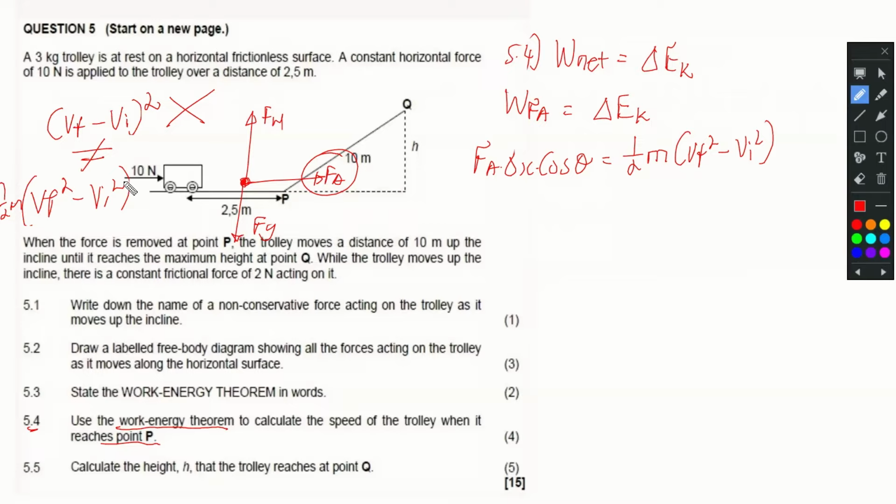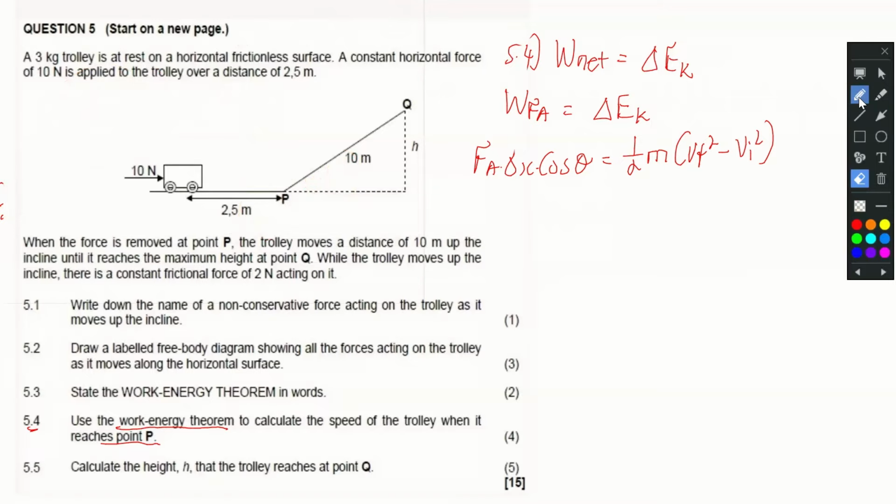Don't be lazy to write that square and just say let me take the square over here. There's no such law that says if you have a square here, the square can go here and there, right? The square here simply means that you have Vf minus Vi and Vf minus Vi, which is not the same as that one. That's a different case. So refrain from this. The correct notation is that, right? So I hope I'm clear with that.